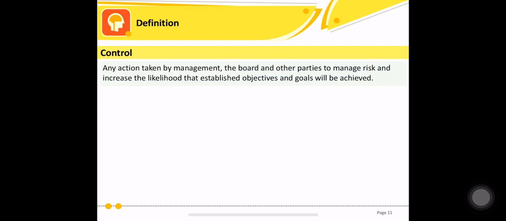technically control is not a jargon word, so it might be easy for you to understand the control. But given that ang layman's term na control for some people, pag sinabing control, it is something that will protect you, protection.